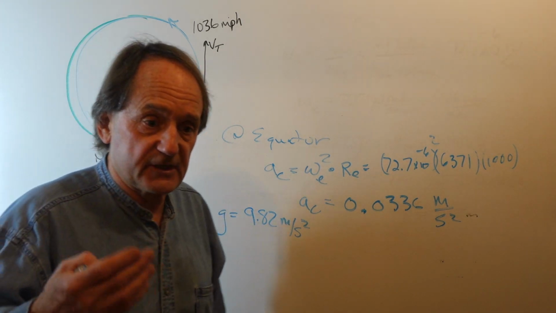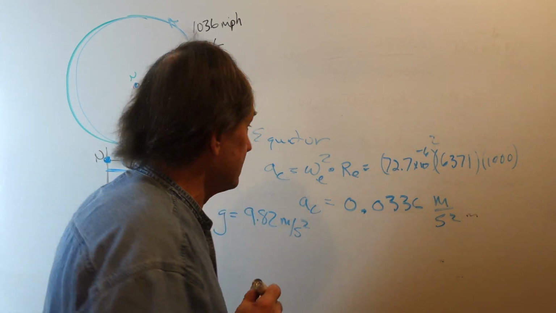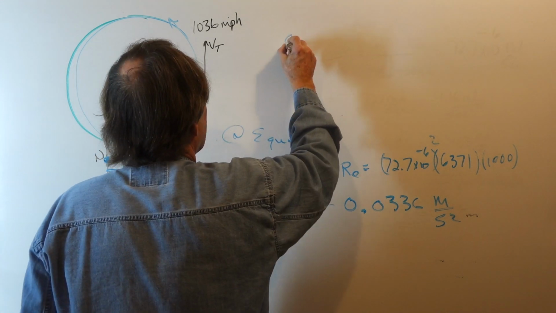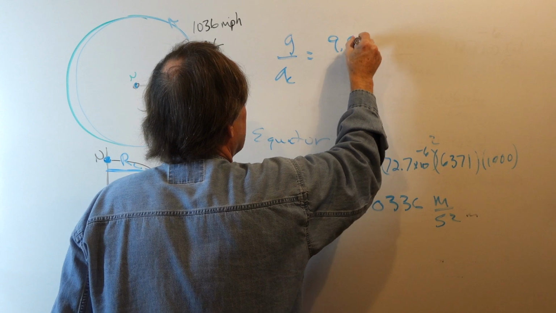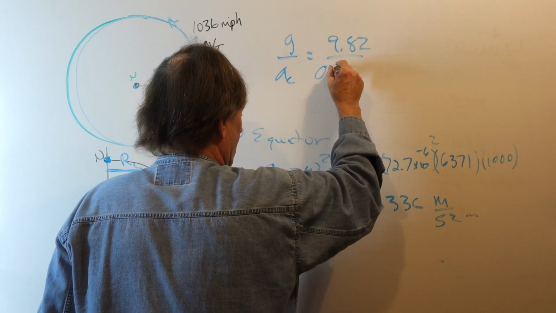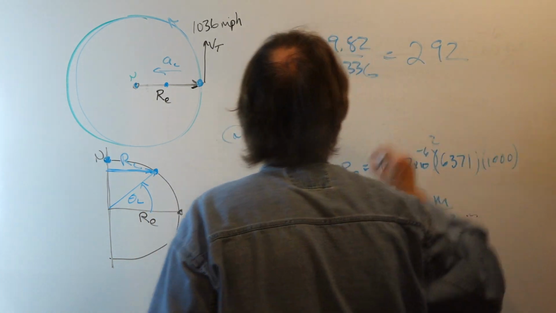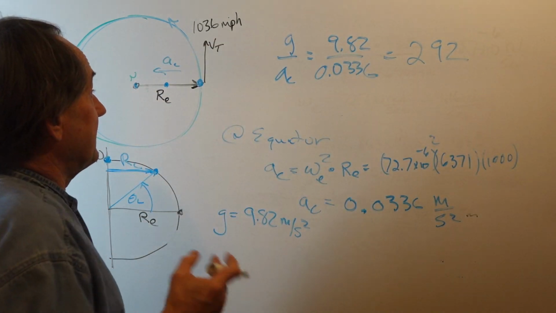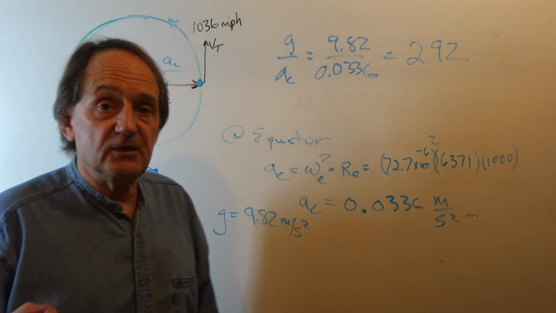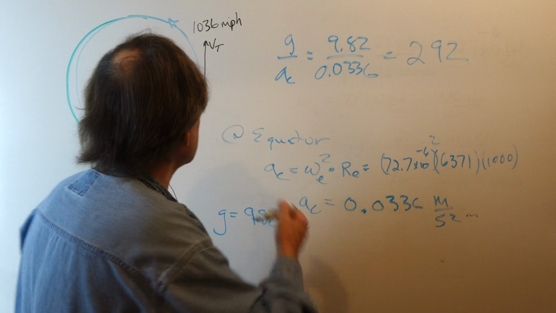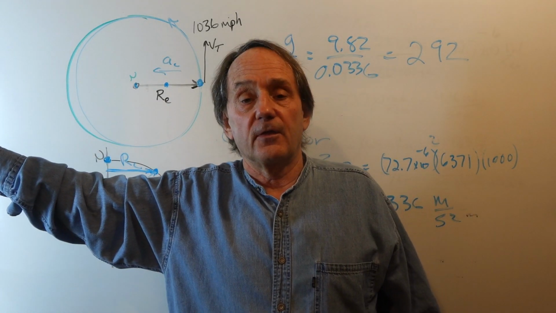The gravitational acceleration is what's responsible for giving you your weight when you stand on a scale. So if I take g and divide by the centripetal acceleration, we have 9.82 divided by 0.0336, and this works out to 292. That tells us that the gravitational acceleration is 292 times larger than this centripetal acceleration that you're going to feel that's trying to throw you off the Earth.